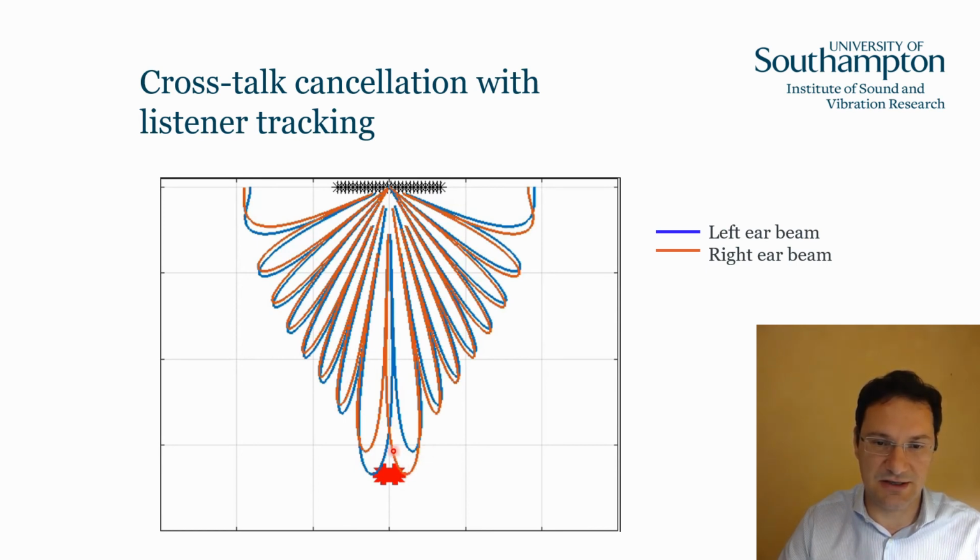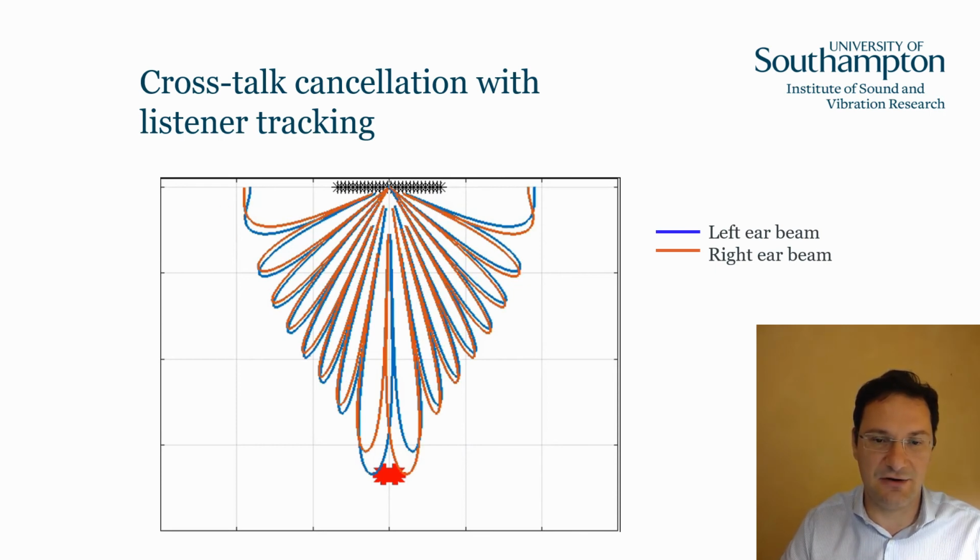For the red pattern, you can see this is the main lobe and a number of side lobes, but there is a minimum of the radiation pattern in the direction of the left ear, whereas the blue radiation pattern represents the pattern of the left ear beam that has a maximum here in the proximity of the left ear and a minimum close to the right ear, with a number of side lobes, which are typical of array beamforming.